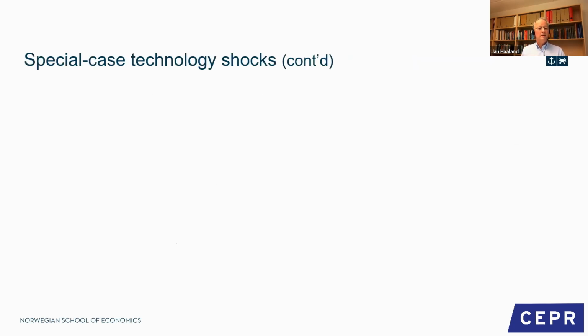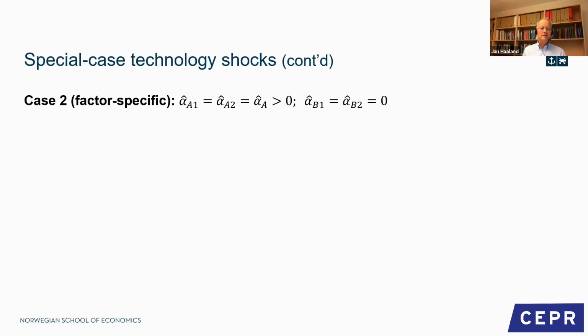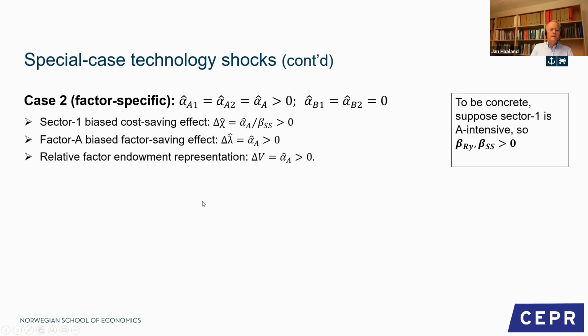If we look at another case, factor-specific technology change, say factor A, low-skilled or unskilled labor, becomes more productive in all sectors, but not the other factor. Then the sector bias of cost saving depends on the Stolper-Samuelson effect, which sector is A intensive. Whereas the factor bias and the factor endowment representation are straightforward, given by the increased productivity for this factor.